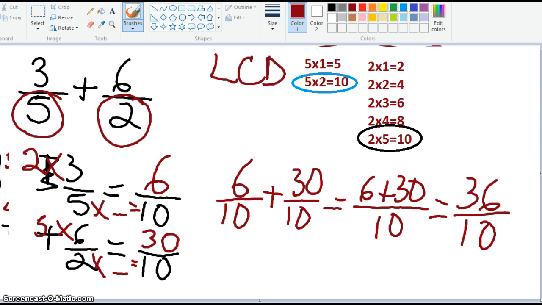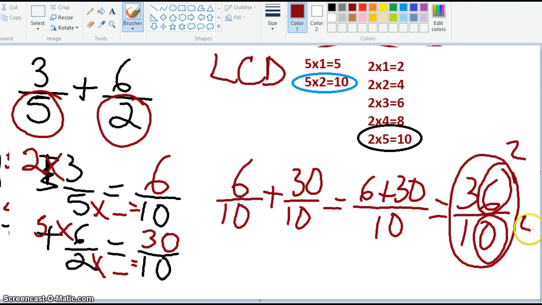Now, for the purposes of the here and now, this at least gets me to where I need to go, but I can always reduce this down further. Why? Because I know that these numbers are both divisible by 2, because the 6 and the 0 are even. So I'm going to divide both sides by 2.